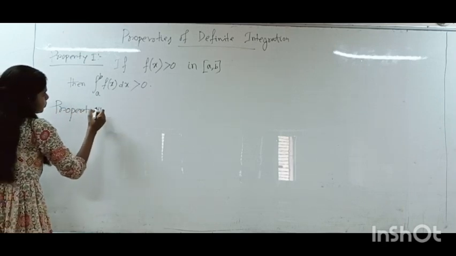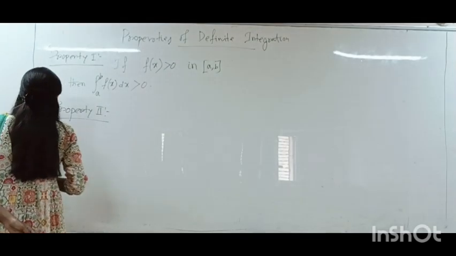Okay? So property 2. What is property 2?